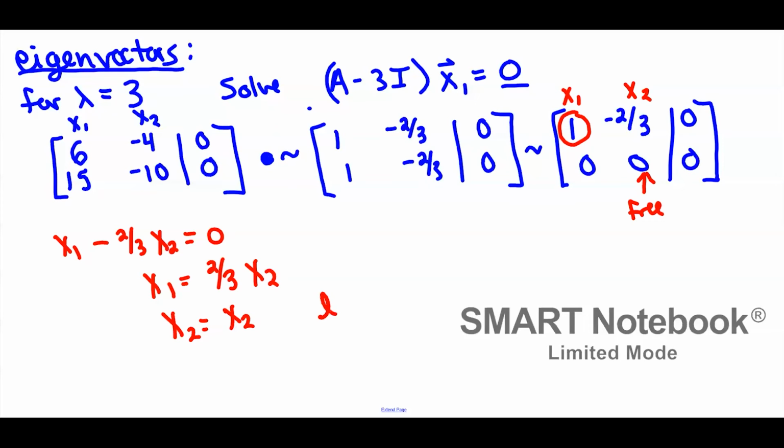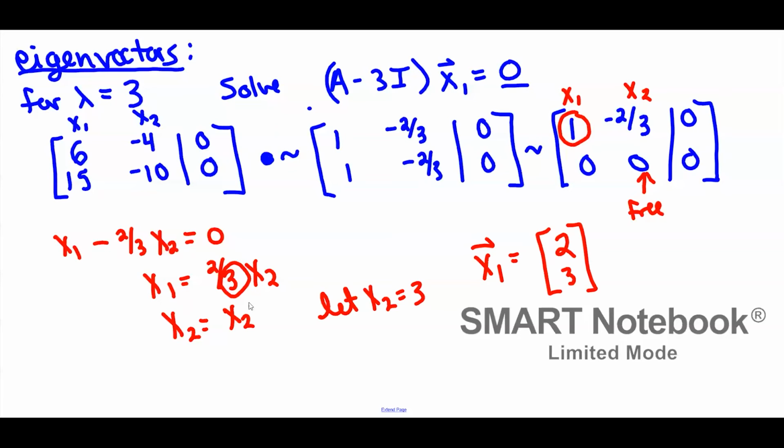So let's let x2 be 3, and that's going to cancel out this fraction here. And that's going to give me eigenvector x1, plug in 3 for x2, and then multiply it times 2/3, I'm going to get 2. So there's that eigenvector that we had a minute ago.